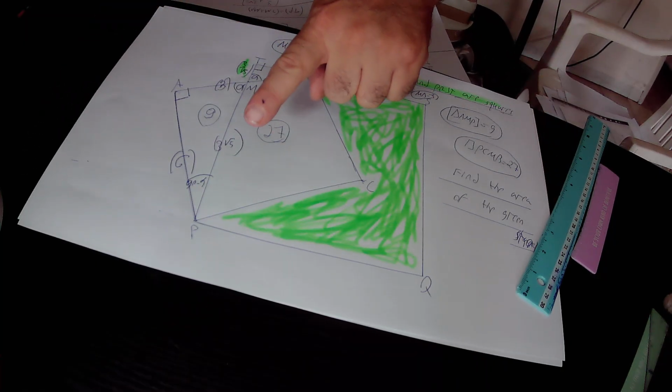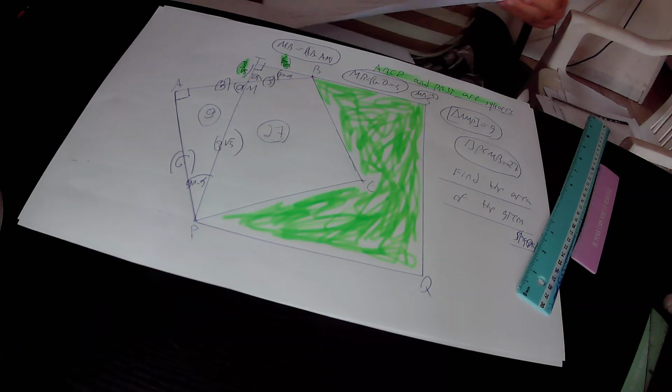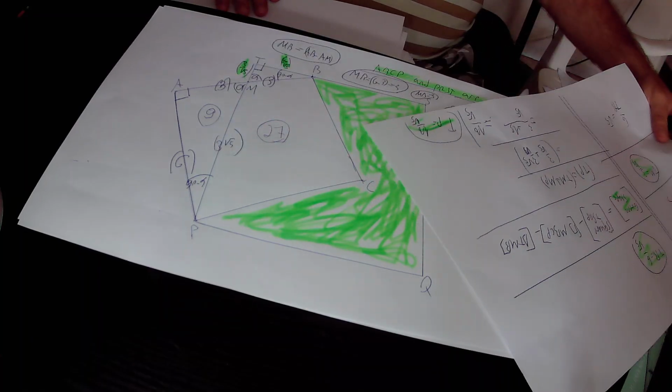This is side TP, which equals 18 over square root of 5 units in length.